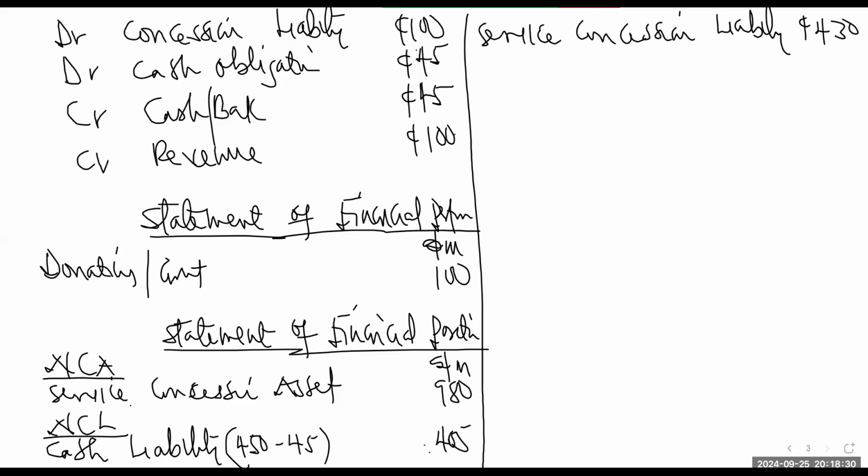If you are using your own assets, there's no way you should be getting the money. Here, they are building the asset with their own money and giving it to us for free. That's why we are giving all the revenue to them.